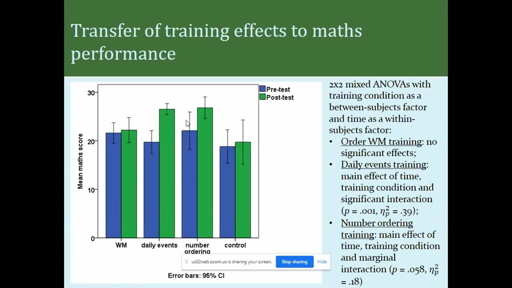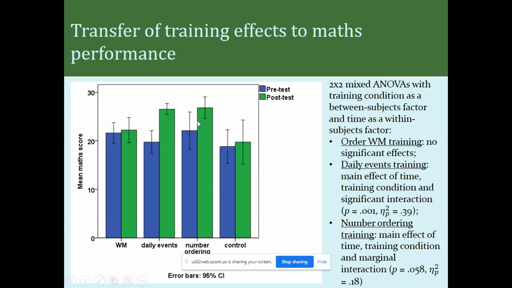This indicated that the training effect was larger in the daily events ordering condition than in the control condition. And for number ordering, we also found an interaction, but this was only marginally significant. So you see a very similar trend in the number ordering condition to the daily events ordering condition, but this is a non-significant trend.